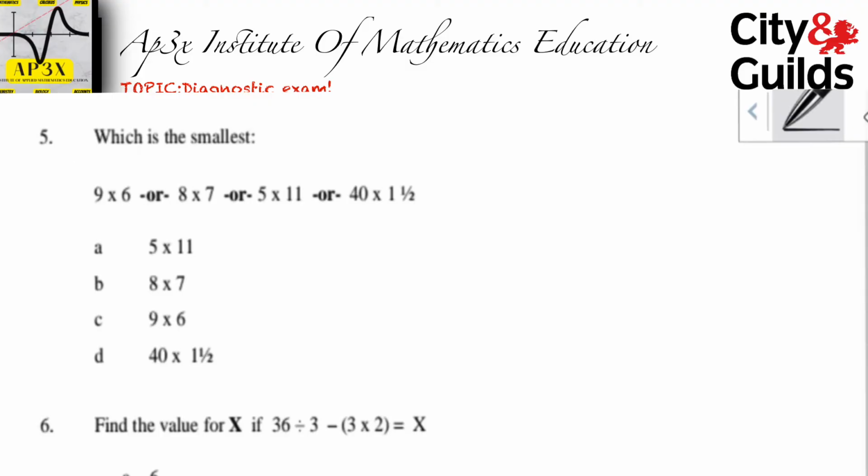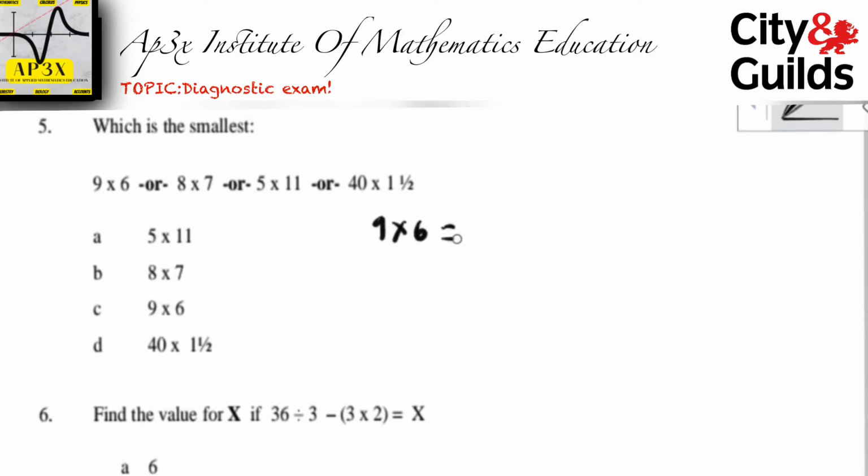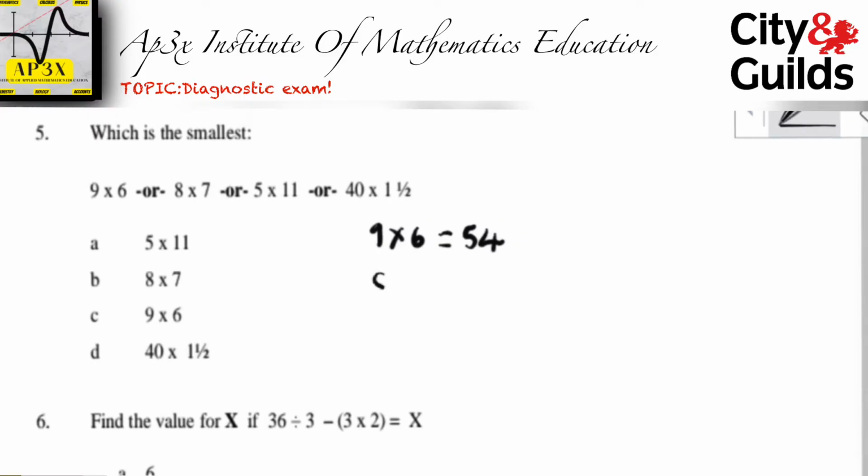So I know right away that 9 times 6 is in fact 54. And 8 times 7 is 56. So 7 8s is 56. And then we're looking at 5 times 11, that's 55.